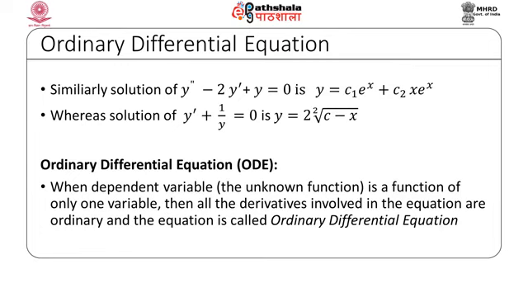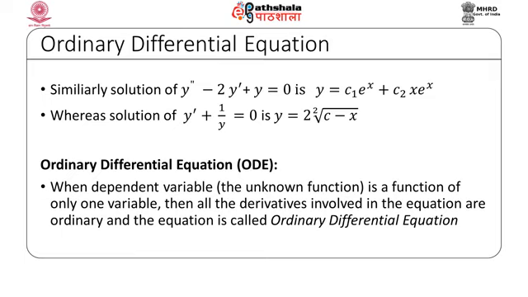All terms should cancel. Similarly, it can be verified; this is left as an exercise for you. Also, y dash plus 1 by y equal to 0 is satisfied by y equal to 2 times square root of c minus x. Here the equation has only a first order derivative, so there is only one constant c.